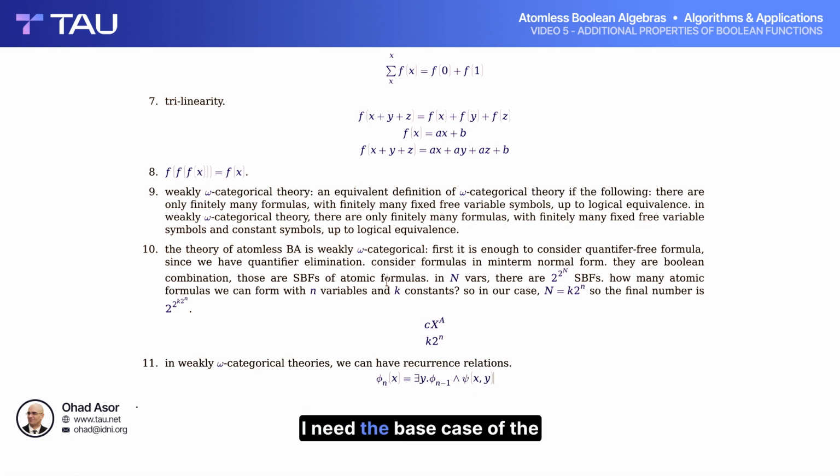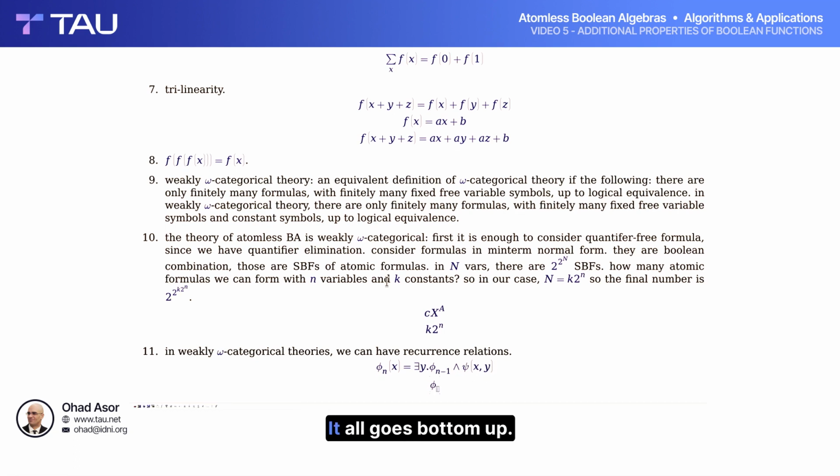And of course, I need the base case of the recurrence relation. It all goes bottom up. So this equals whatever. And now I try to unfold this recurrence relation. Since there are only finitely many formulas, when I unfold this recurrence relation, at one point, I will get a formula that I got before.